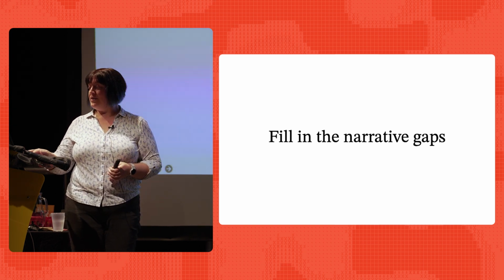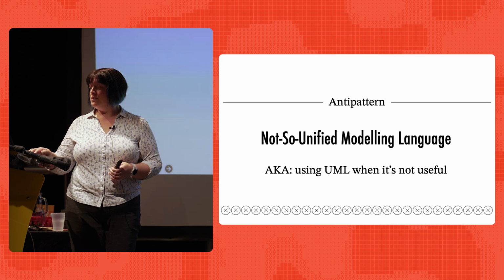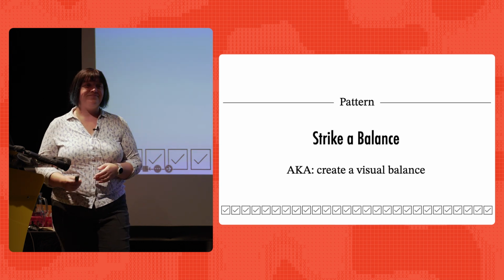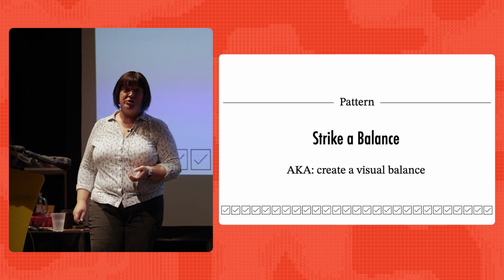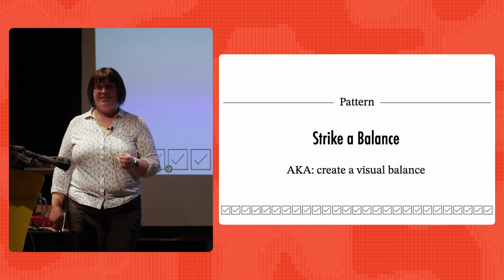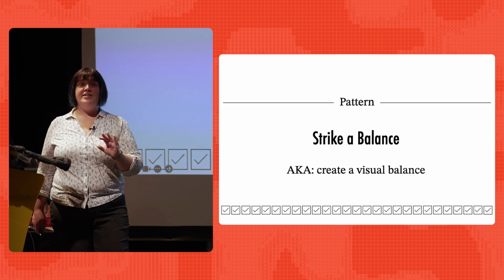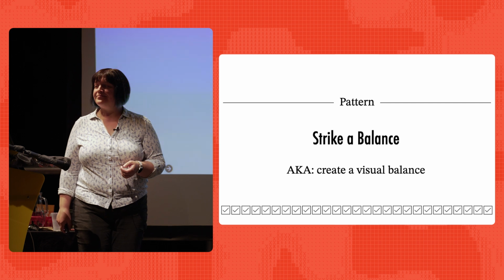We are going to go for one more. There we go. So this one is a pattern which I call strike a balance. And this is a nice little icing on the cake one.